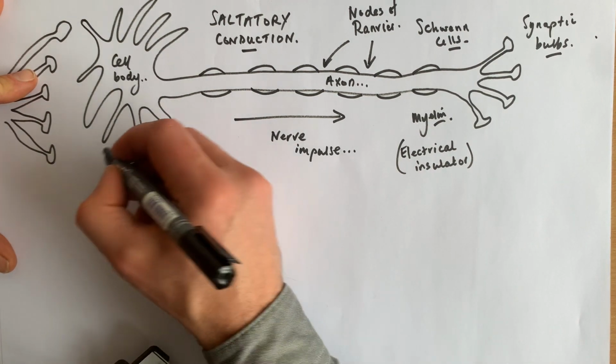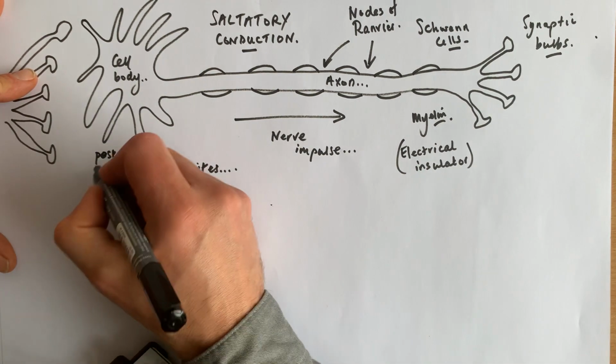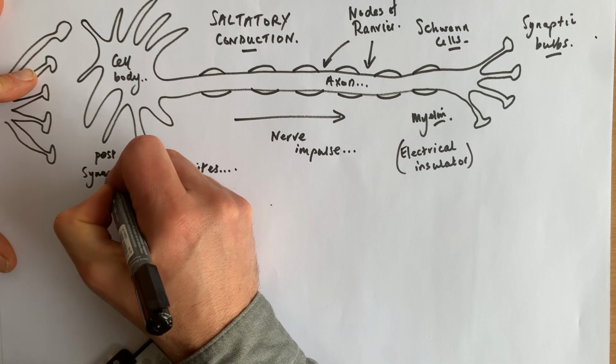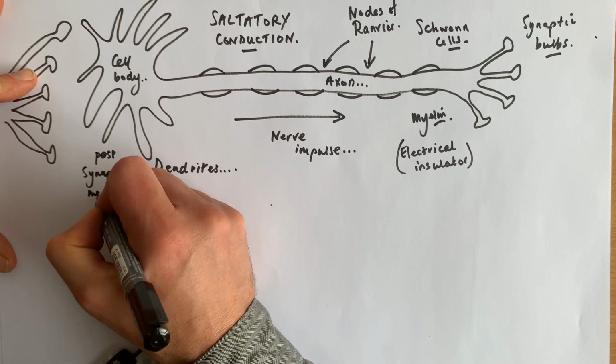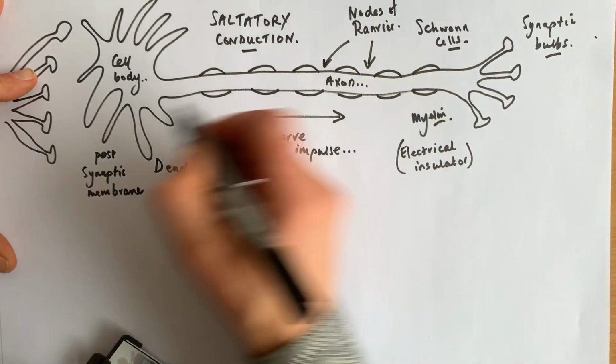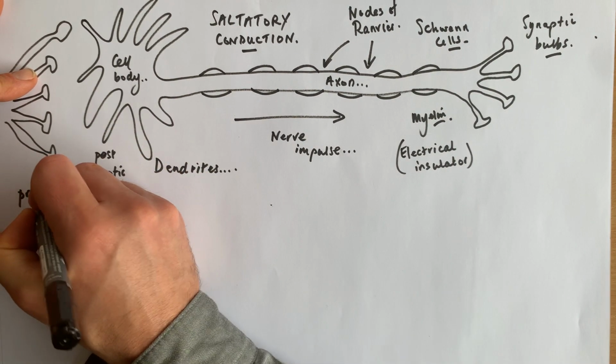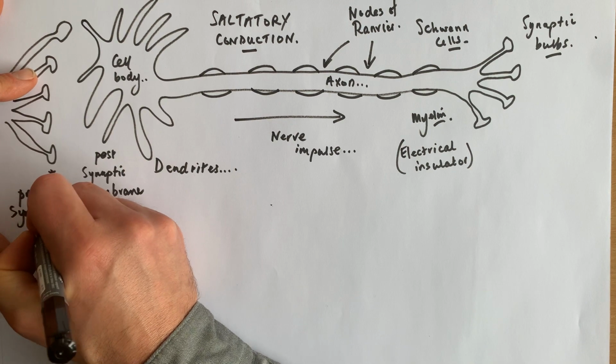Okay, so the dendrites would be the postsynaptic membrane. And the synaptic bulbs of the previous neuron would actually be the presynaptic membrane.